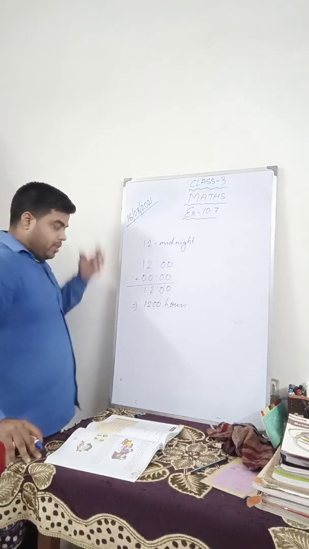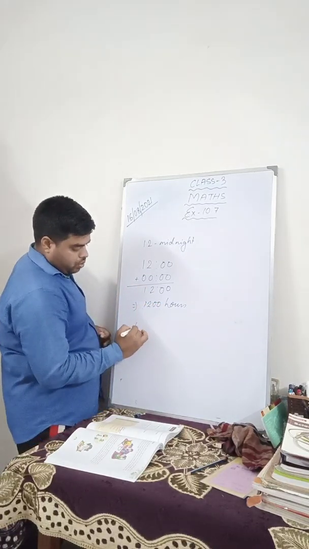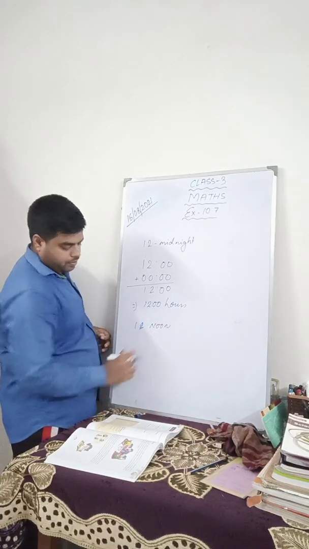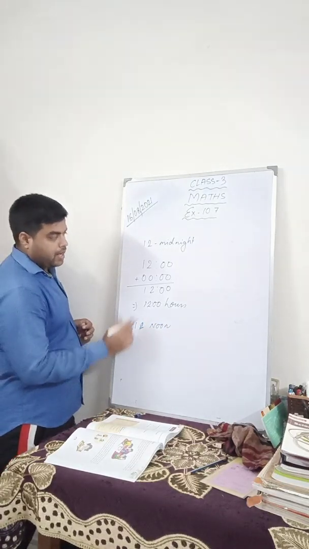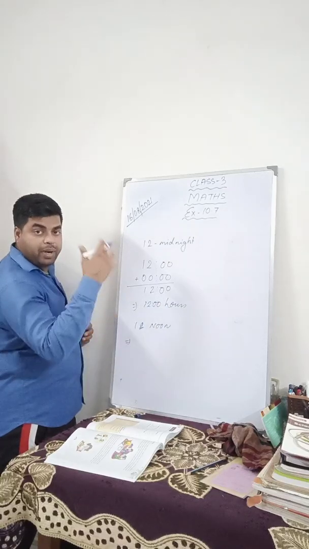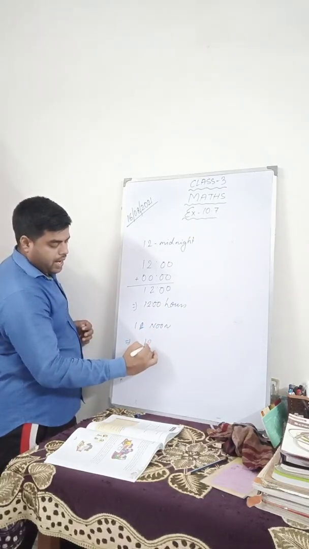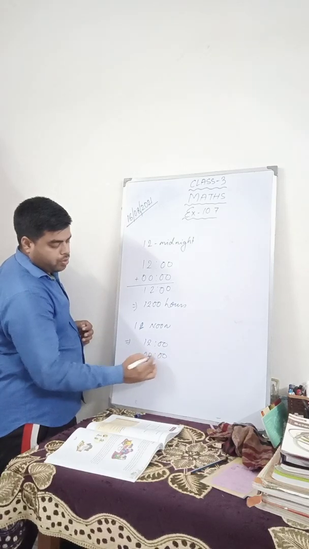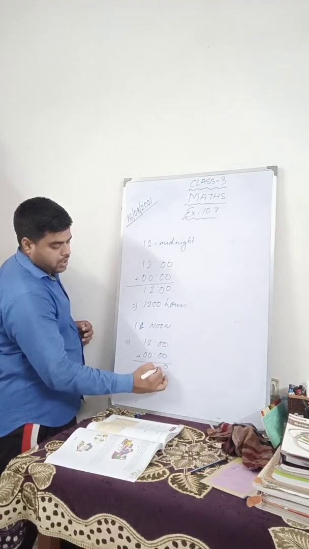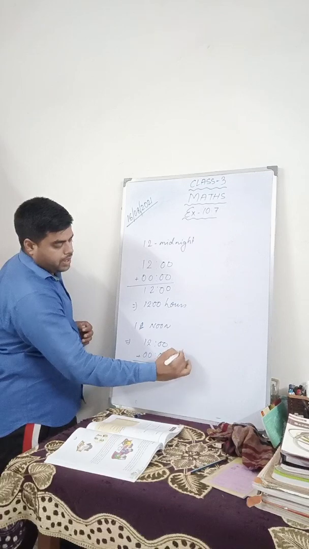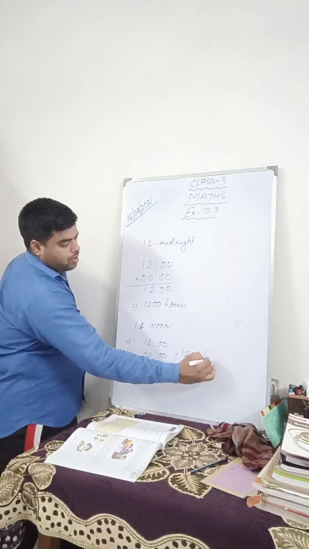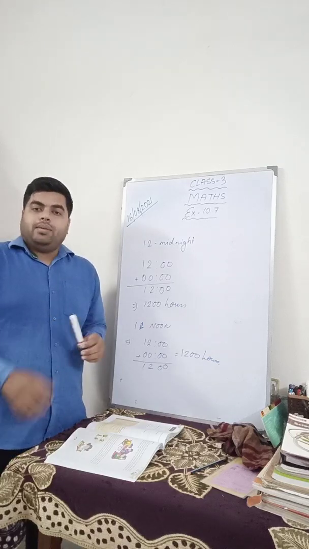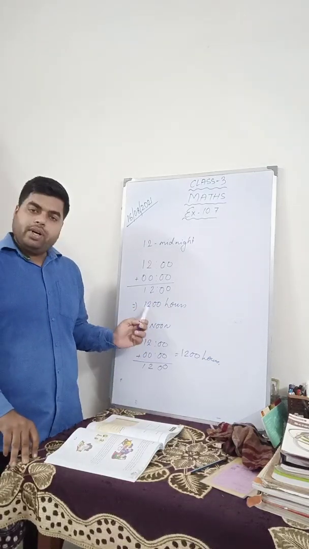And see, they have given you one noon also, like 12 noon. What I said, no matter if it is AM or PM, you will add only 0000 when you do conversion from 12 hours to 24 hours. So here you write 1200 hours. Now, both are 1200 hours.